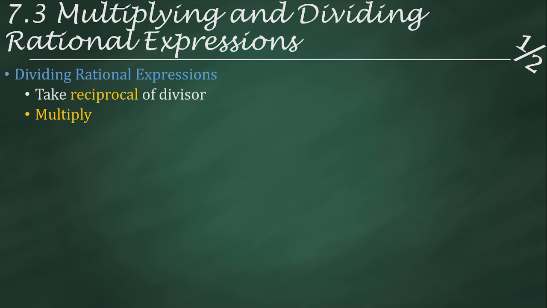All right, let's try dividing some rational expressions. When you divide fractions, you take the reciprocal and multiply. So you multiply by the reciprocal. Sound familiar? Well, let's try page 374, number 27. So if we're dividing, we're going to multiply by the reciprocal.